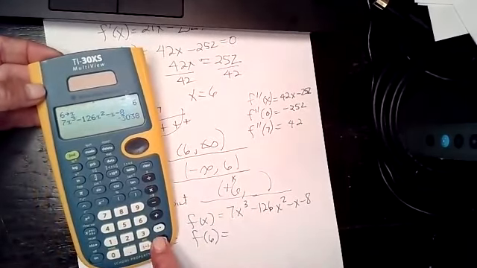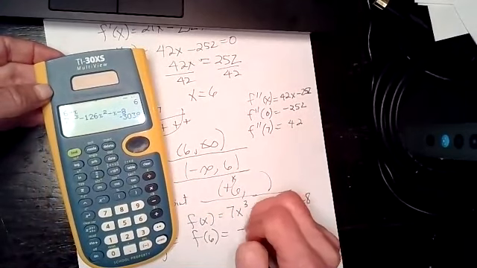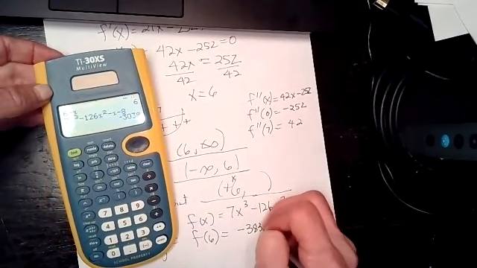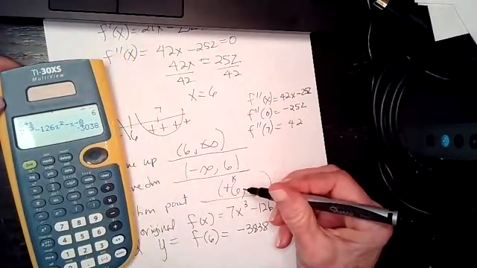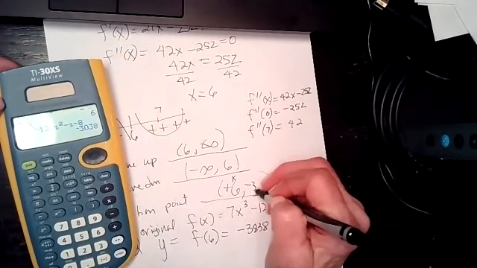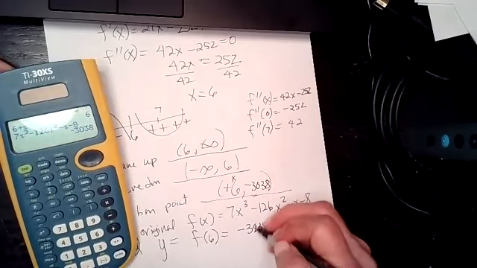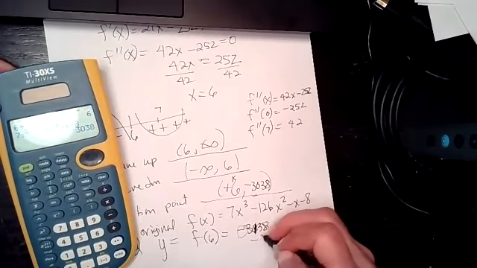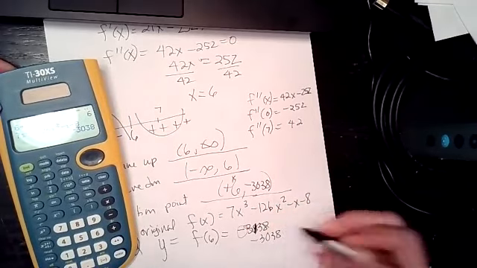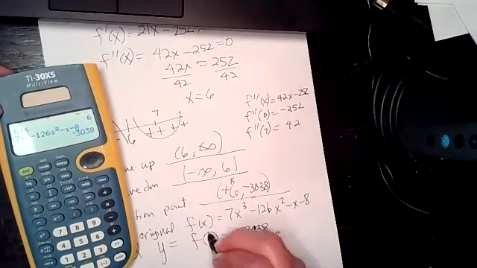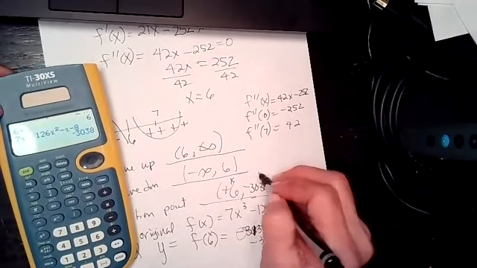And I push enter. Negative 3038. So my point is 6, comma, negative 3038. So I plug in my x and I get out my y, and that's how I write my point.